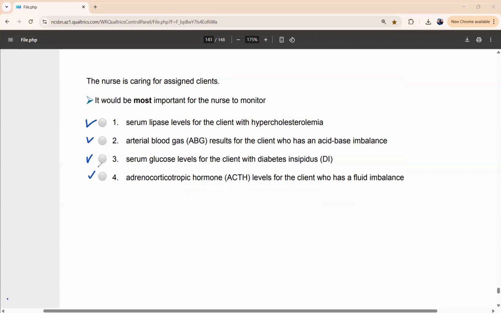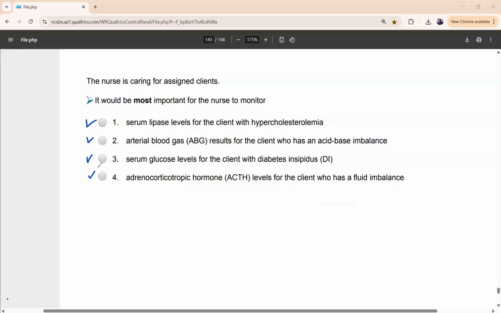For number one, look at what they are saying: the client has hypercholesterol, so we are trying to monitor their serum lipase level. Another client has an acid-base imbalance, so we are trying to monitor their ABG result. Another client has diabetes insipidus, so we are trying to monitor their glucose level. Another client has a fluid imbalance, so we are trying to monitor their ACTH level.